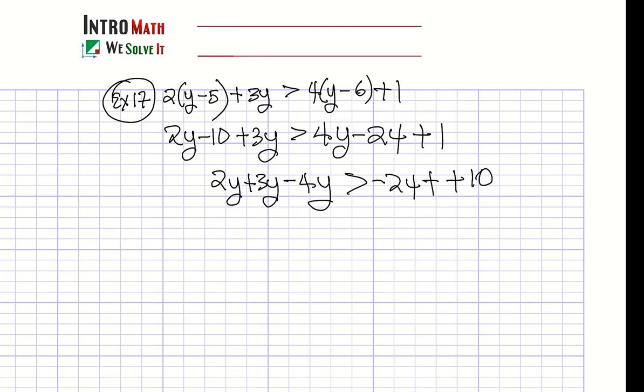As long as you do not multiply or divide by a negative, you're good. You leave the inequality sign the way it is, okay? Now you combine things, right? You can do it slowly. If you want, you can do it in your head. That's 5y minus 4y greater than negative 24.